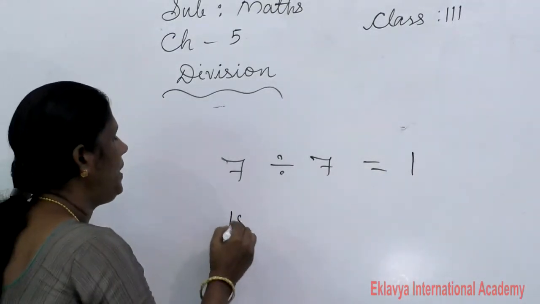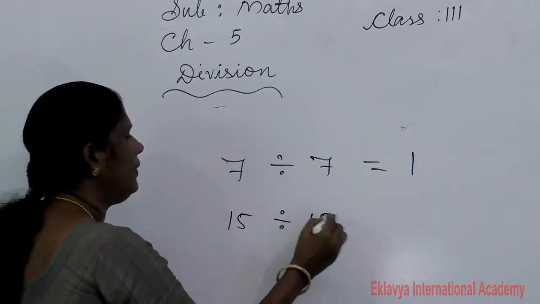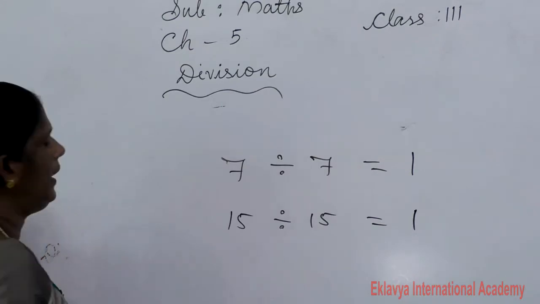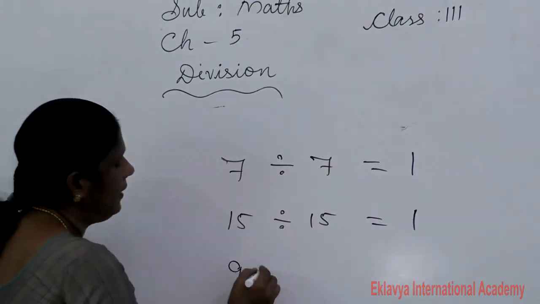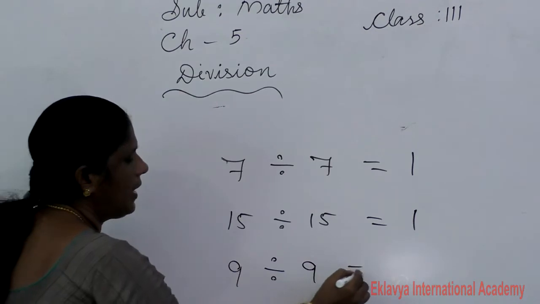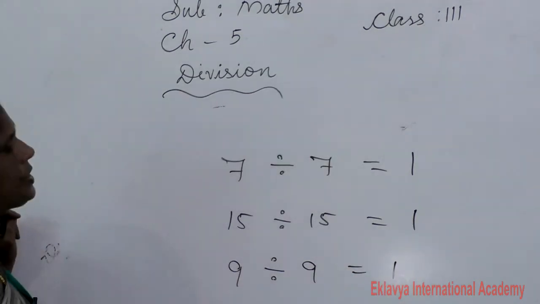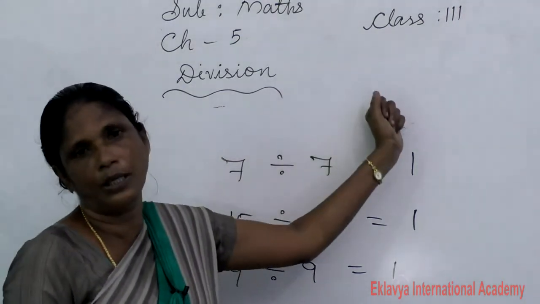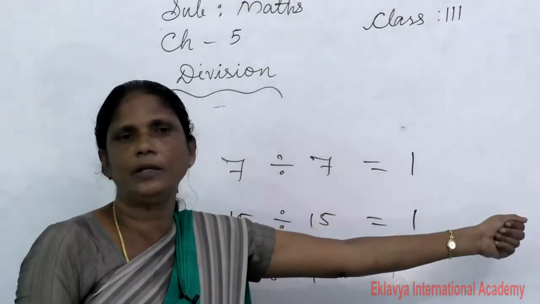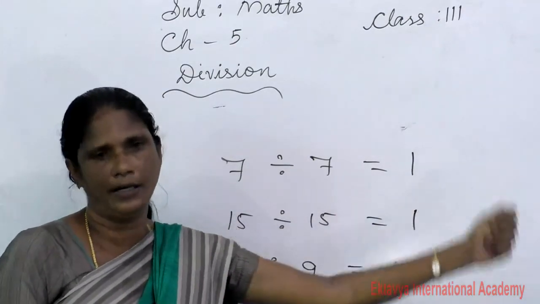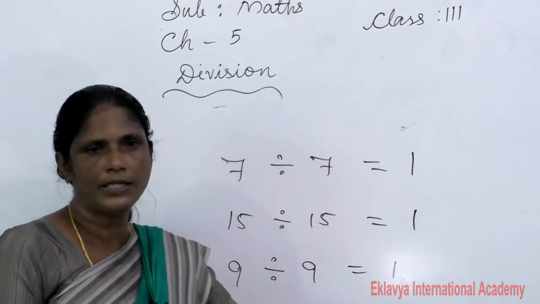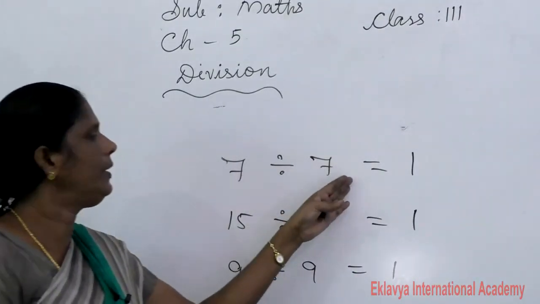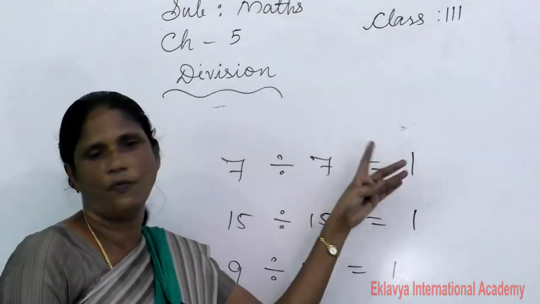Again, 15 divided by 15 is equal to 1. Again, 9 divided by 9 is equal to 1. Which property is this? Divide by number itself. We get 1 as our result. कोई नंबर उस नंबर से divide करते हैं तो result 1 आता है.